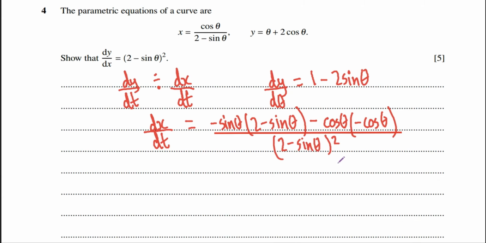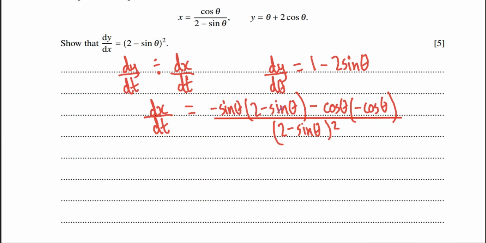Okay, so we have a start. Let's simplify this first. So you can see you'll have negative 2 sine theta plus sine squared theta plus cos squared theta in the numerator. Sine squared plus cos squared is just 1, right?